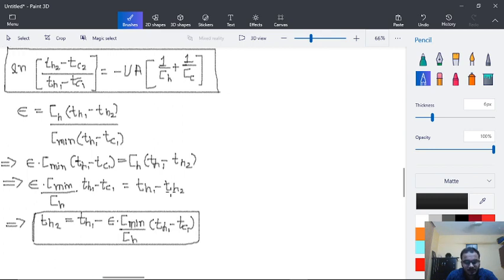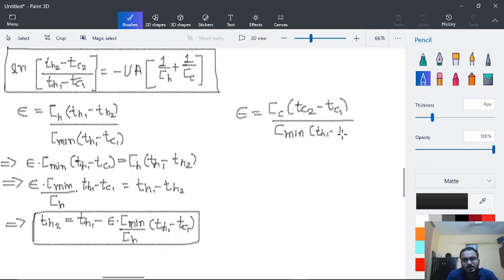Similarly, we can obtain the value for TC2, which is obtained by epsilon is equal to CC into (TC2 minus TC1) divided by C minimum into (TH1 minus TC1).